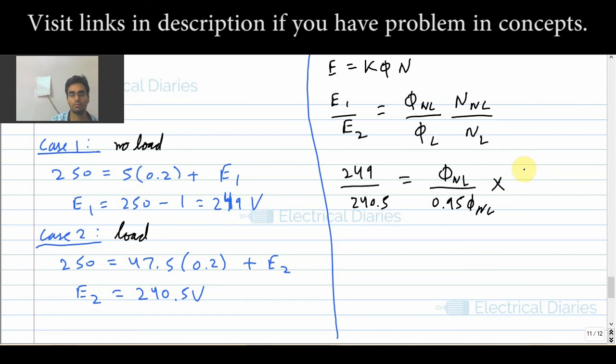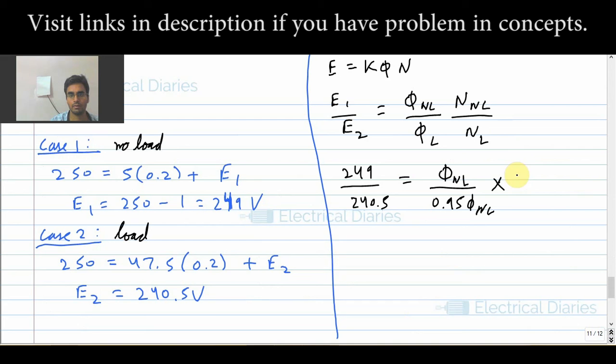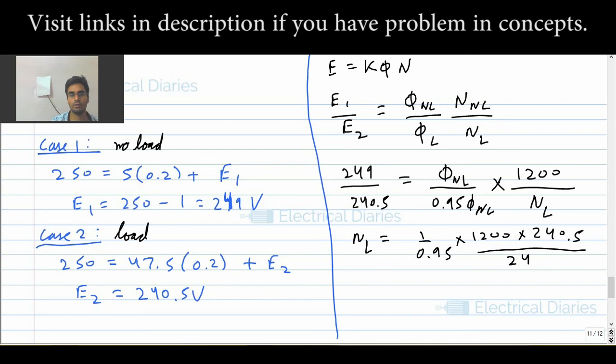Into NL, which is 1200 rpm, it is given to me, divided by NL, that I have to calculate. So my NL comes out to be 1 upon 0.95 into 1200 into 240.5 divided by 249.